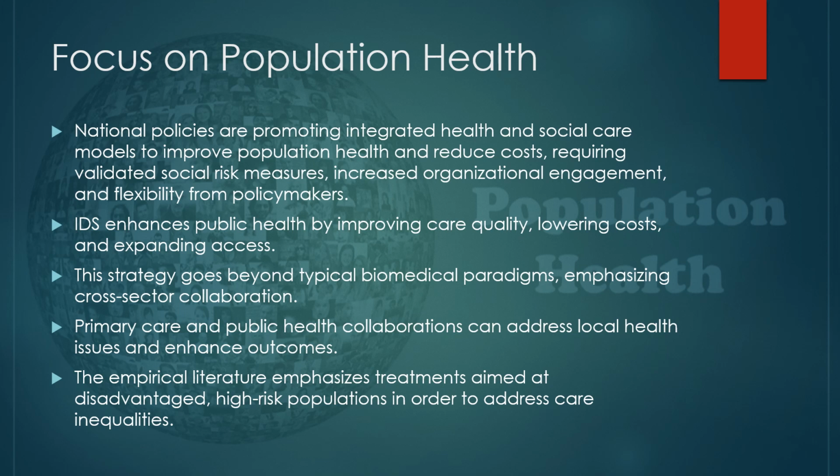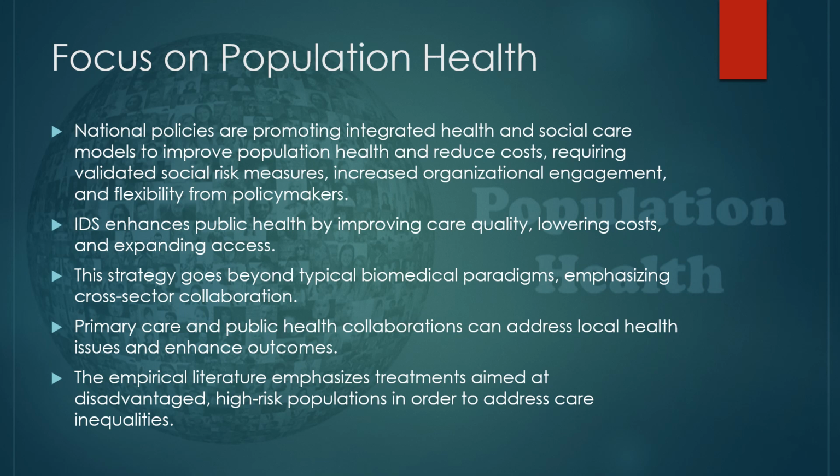Focus on population health. National policies are promoting integrated health and social care models to improve population health and reduce costs, requiring validated social risk measures, increased organizational engagement, and flexibility from policymakers. IDS enhances public health by improving care quality, lowering costs, and expanding access.